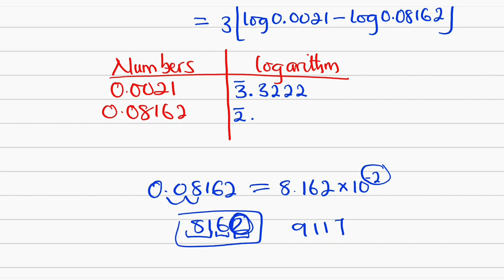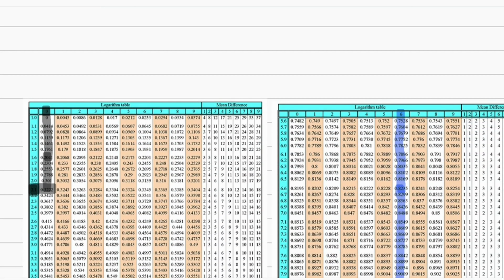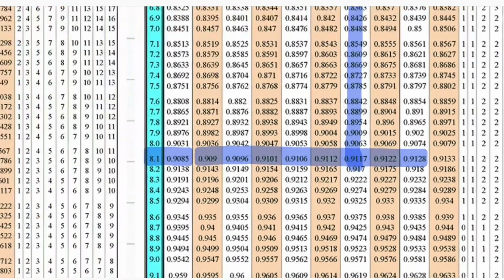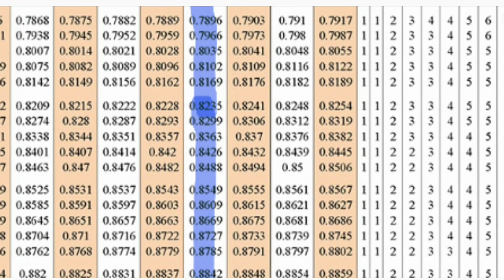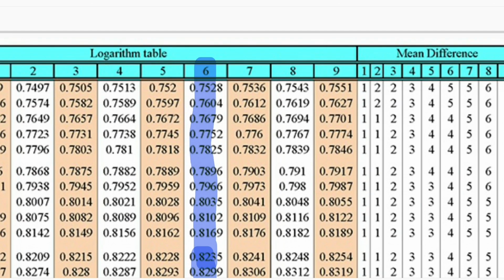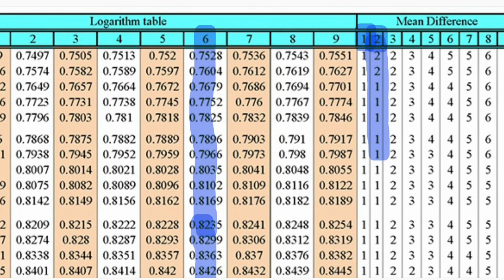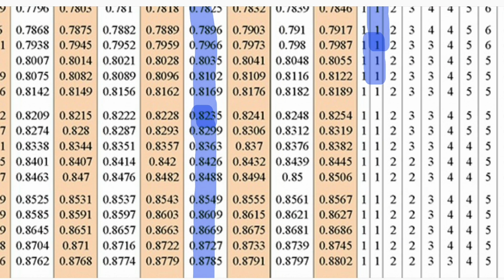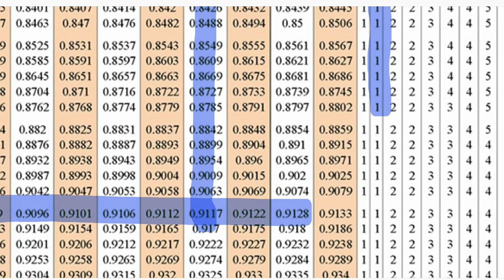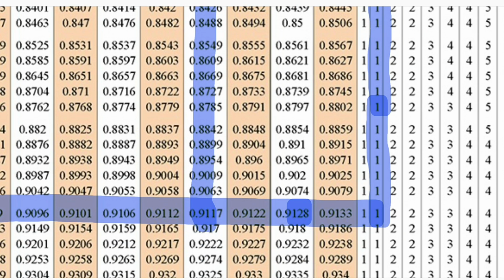You can see it here. Difference of 2. You can see under mean difference, we have 1, 2 to 9. So under 2, we come down like this to the point of intersection. Can you see the mean difference is 1?